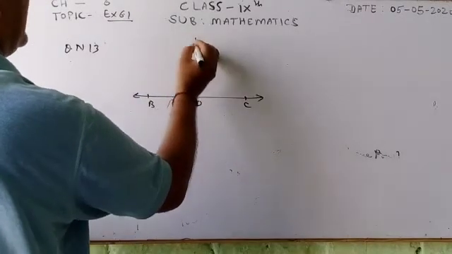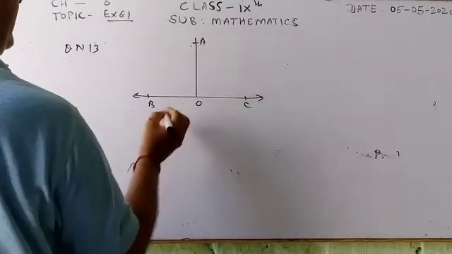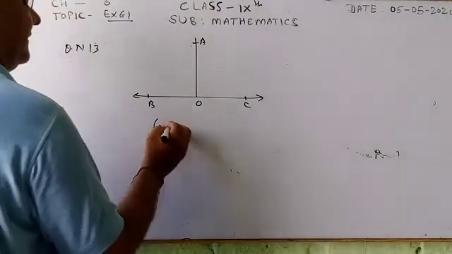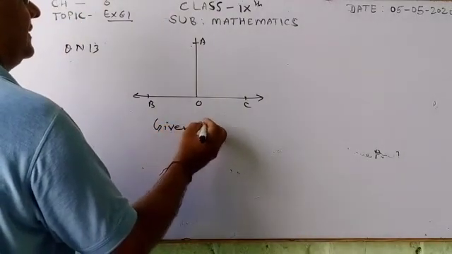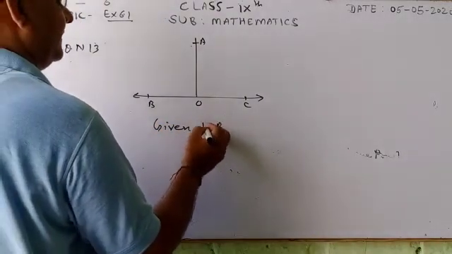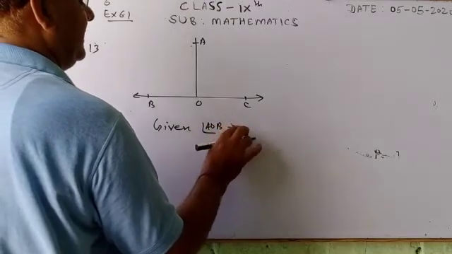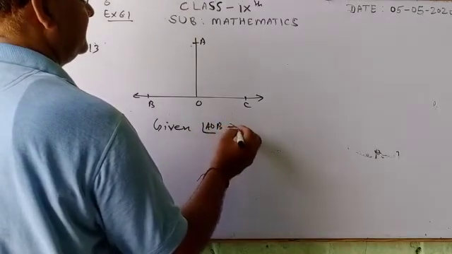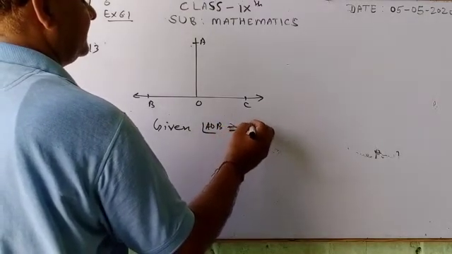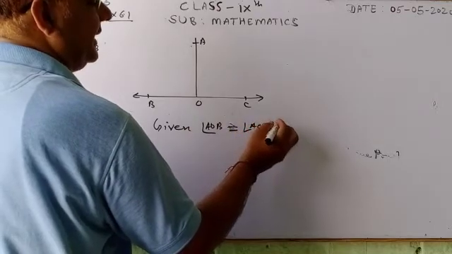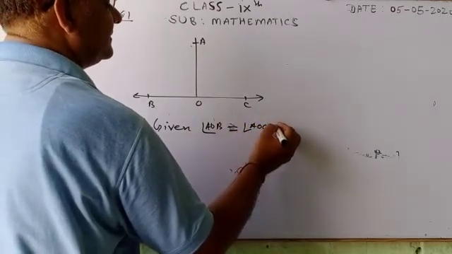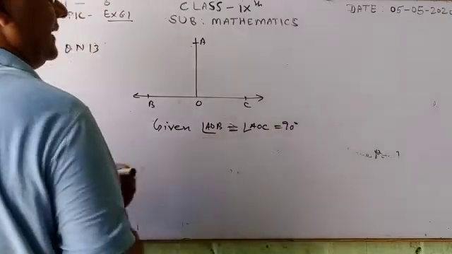Given AOB and AOC are two right angles, so each is equal to 90 degrees.